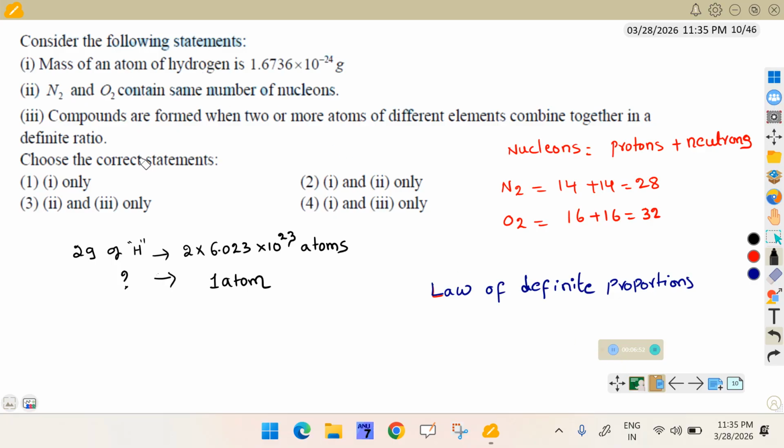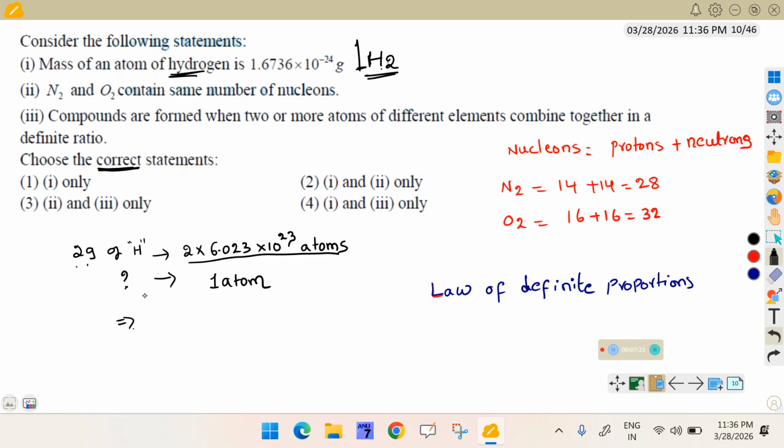Consider the following statements. 3 statements are given. In that, identify the correct statements. Okay, 2 grams of hydrogen. Generally, hydrogen is available in the form of H2. 1 mole of hydrogen contains 2 grams. 2 grams contains Avogadro number of molecules, 2 into Avogadro number of atoms.